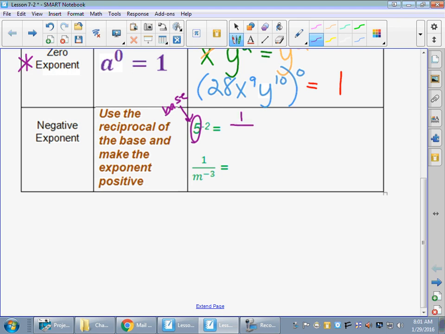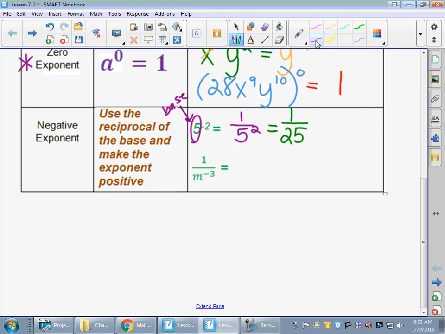So I'll have 1 over 5. And then I get to make my negative 2 into a positive exponent. I just bring it right along with the 5. So then I've got 1 over 5 to the positive 2 power. So reciprocal of the base, and then bring the exponent right along, but make it positive. And then, of course, I'm going to simplify that because I know that 5 squared is 5 times 5, or 25.